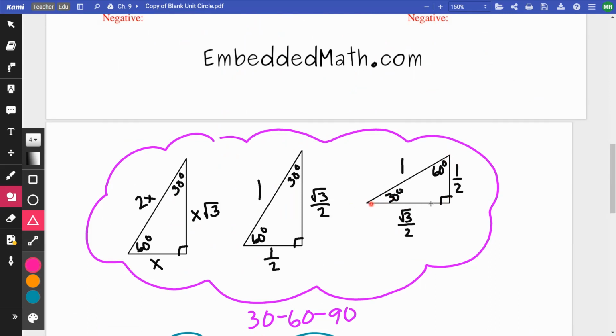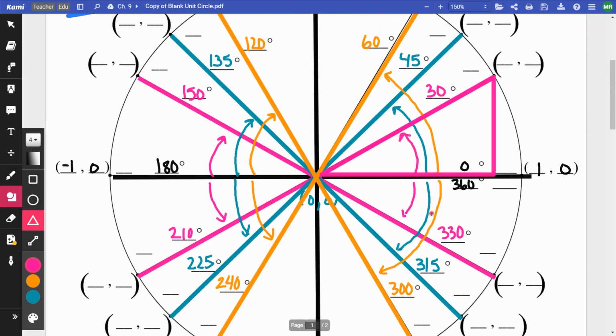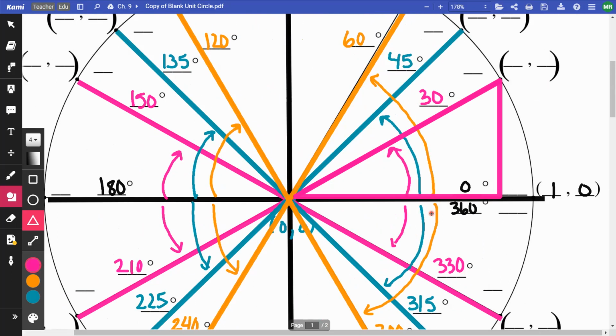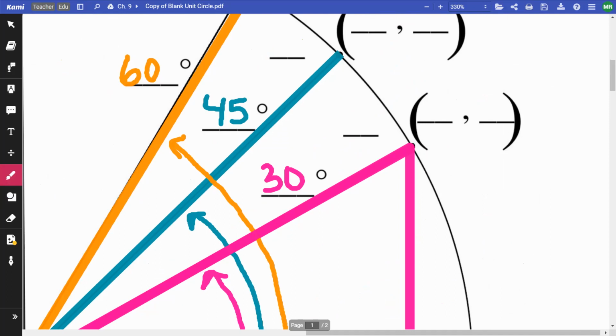And this √3/2 is going to be my x coordinate. So I'm going to come back here. And for my coordinates, I'm going to write that going this direction was my √3/2. This direction is my 1/2. So I'm going to use that as the fraction bar. √3/2, comma, 1/2. That is that point.